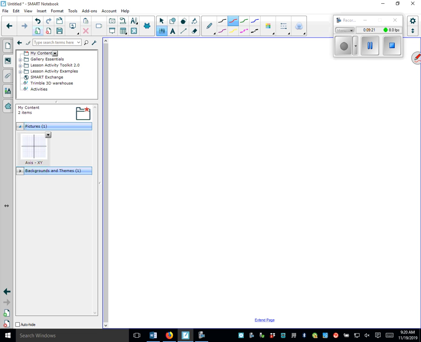If I give you a line where m is 5, what is the slope of the line parallel to this line? 5. Parallel is the same. Okay? So parallel, m equals 5.